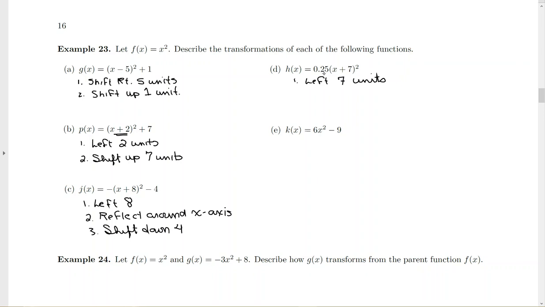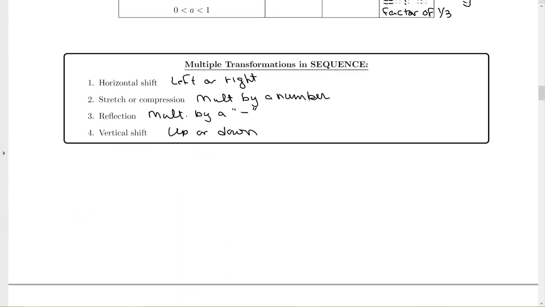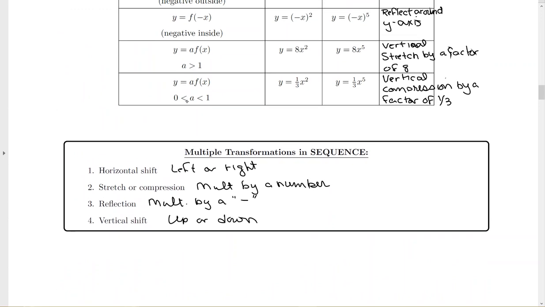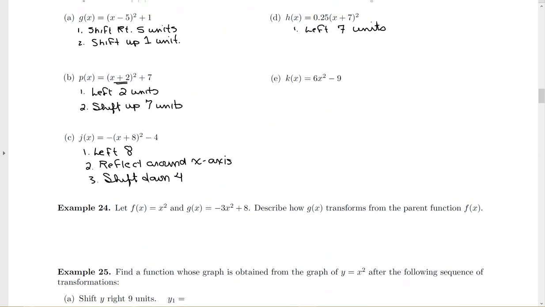Now directly outside, being multiplied, is 0.25. So again, go back to the previous page. When I multiplied by a number between 0 and 1, that was a vertical compression by that factor. So that's what we're going to write here.